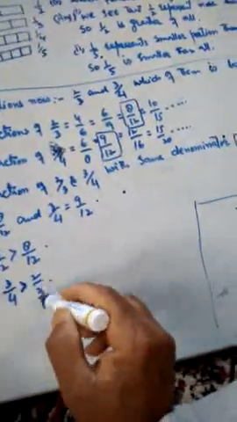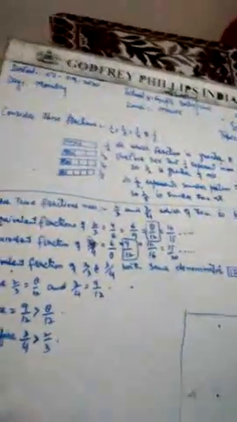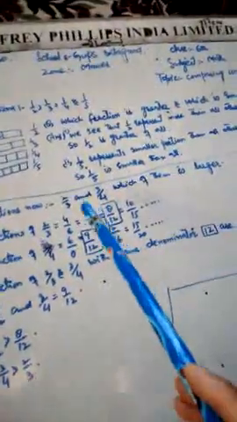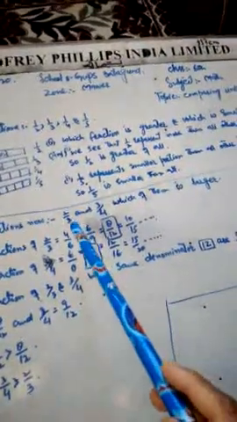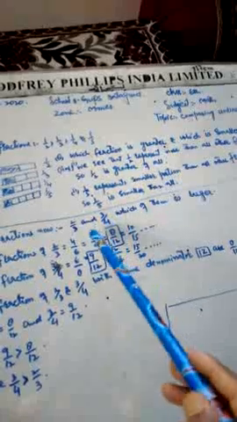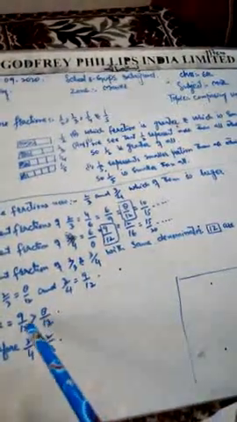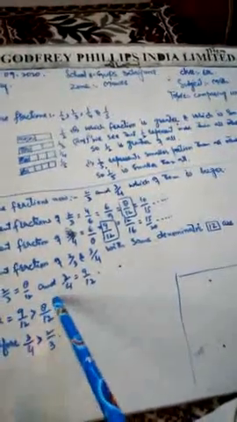So, in the case of fractions having different numerators and different denominators, if we have to compare them, how can we compare them? First of all, we take the equivalent fractions of both with the same denominator, and then compare the numerators of the two fractions.